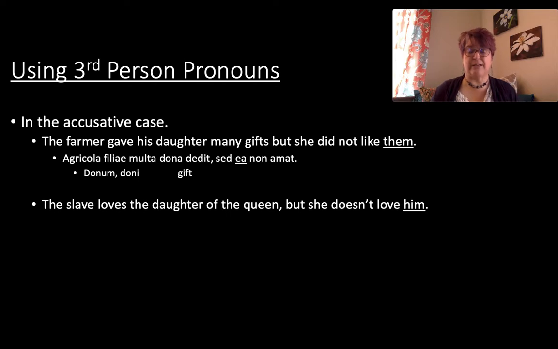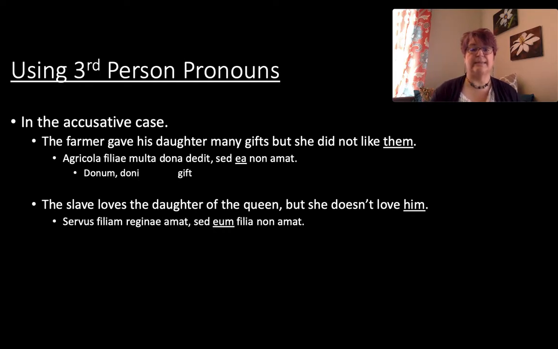It's the object of the love. So it has to be written in the accusative case. This sentence looks like this in Latin. Servus filiam reginae amat, sed eum filia non amat. The servant loves the daughter of the queen, but the daughter doesn't like him.